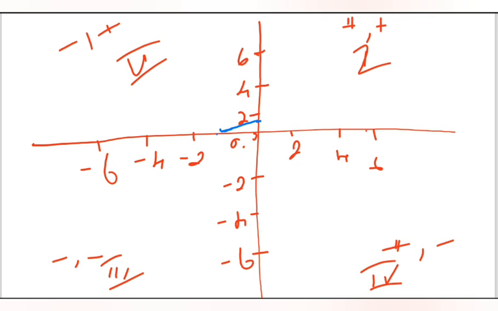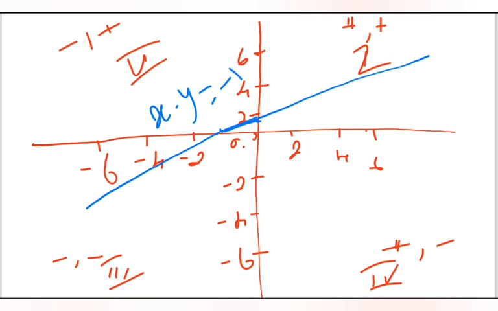So this is the first line, the equation of the first line. The equation is x minus y is equal to minus 1.